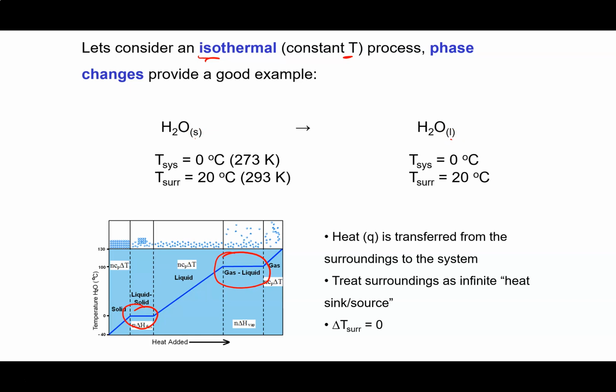In this case, the melting is occurring in a room at a temperature of 293 K, that's about 20 degrees Celsius.